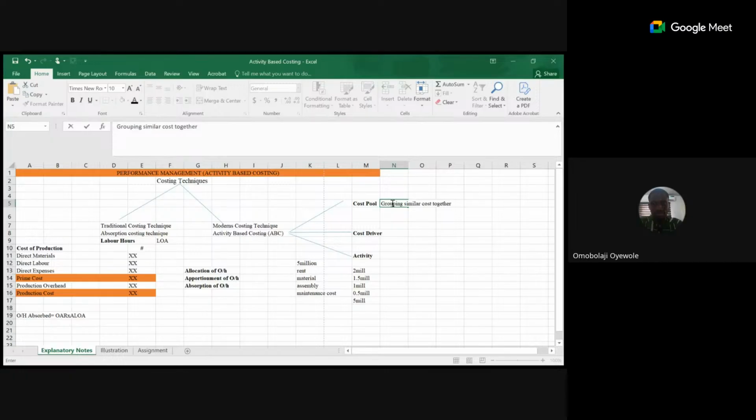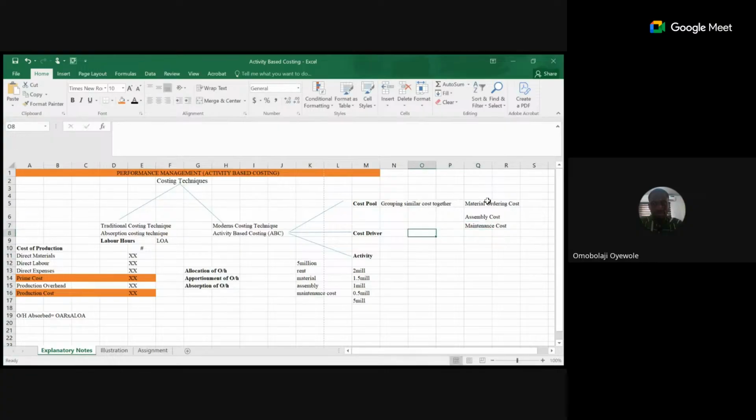We group them together. An example of a cost pool is your material ordering costs, your assembly costs, and your maintenance costs. So that's your cost pool.